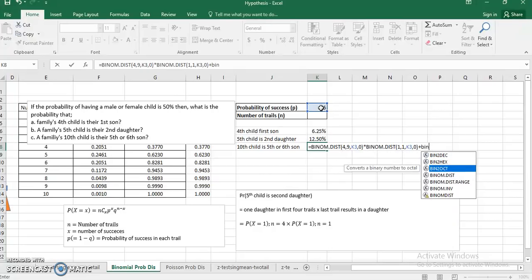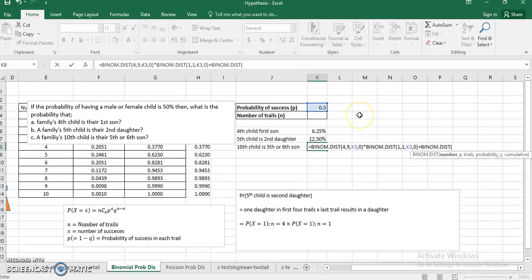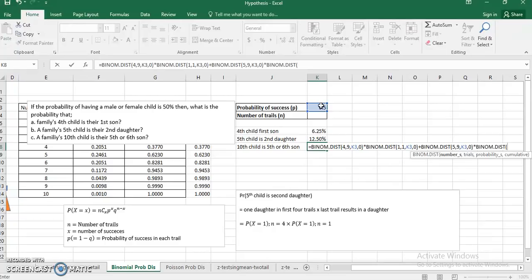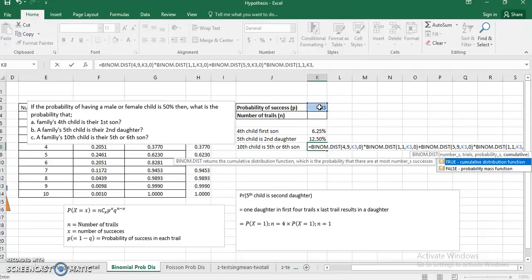So I'm going to use my BINOM.DIST function once again. Now how many sons do I need in the first 9 trials? 5. 5 successes I'm looking for in 9 trials with this probability here, and an exact match once again, times BINOM.DIST. And again I'm interested in one success in 1 trial with this probability right here, and the exact match 0.